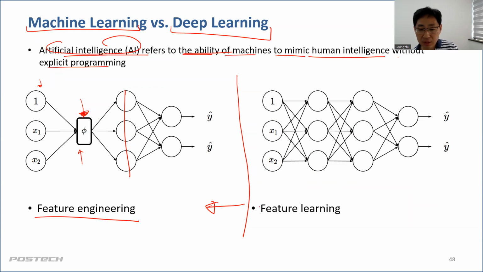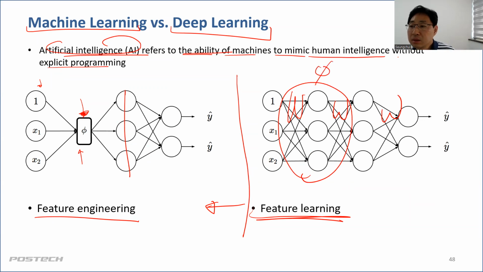On the other side, deep learning is feature learning. We want to find omegas. That means over there it's working as kernels. But instead of me defining, I'm gonna ask deep learning models to find the right features for us from the data set.